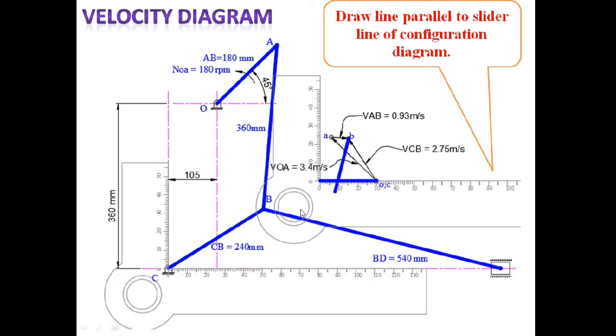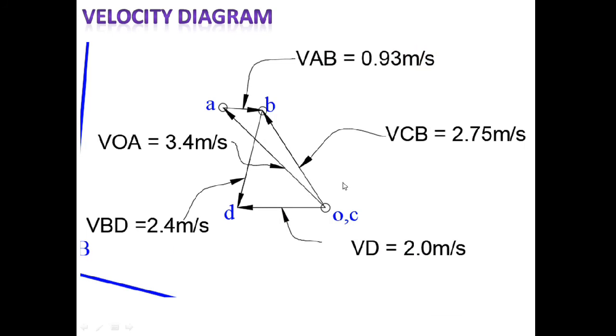And then draw the line parallel to the slider D. Whenever the slider is parallel in the velocity diagram and acceleration diagram, the scale is parallel, so draw that parallel line. It will intersect at the point D. This point is slider D. Okay, now you have completed the velocity diagram.